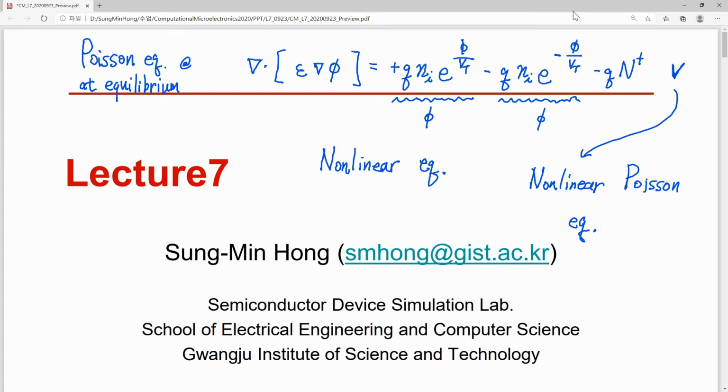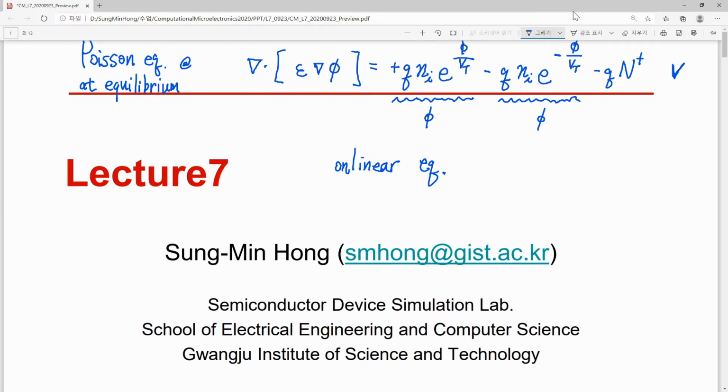It is just a mathematical form of Poisson equation at equilibrium. Anyway, since the equation now becomes non-linear in the electrostatic potential, we have to find out how we can solve such a non-linear equation. That is the main topic of today's lecture.